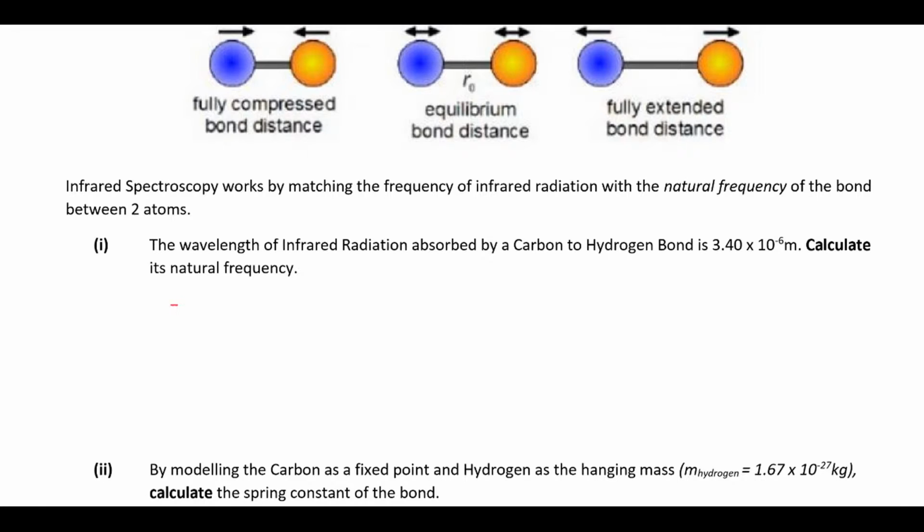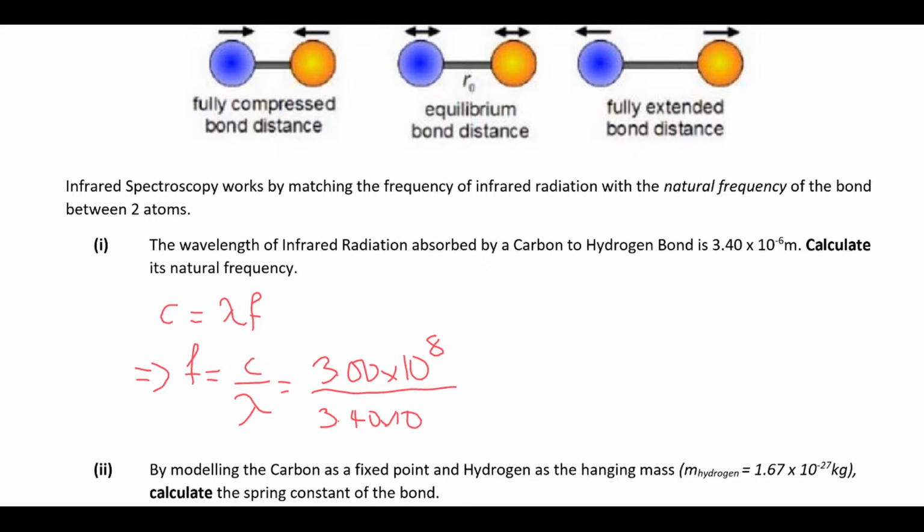So we know that for an electromagnetic wave, we have this equation here, and we want frequency, so we essentially need speed divided by wavelength. So it's going to be 3 times 10 to the 8 because it's electromagnetic, over 3.40 times 10 to the minus 6. Let's whack that in the old calculator.